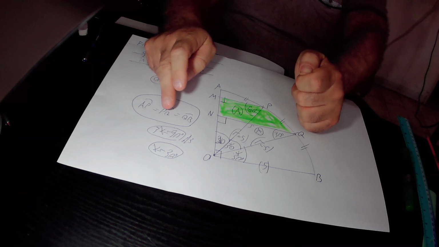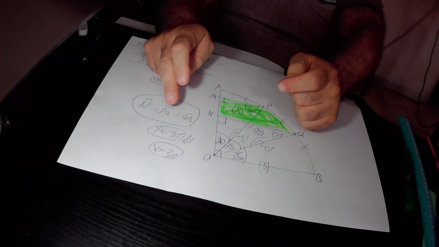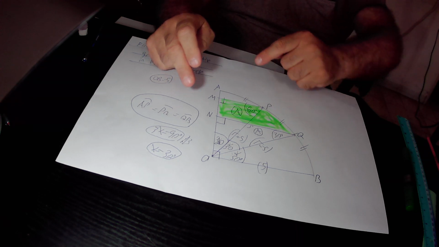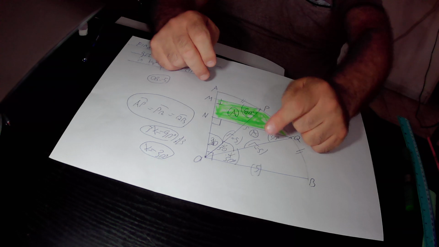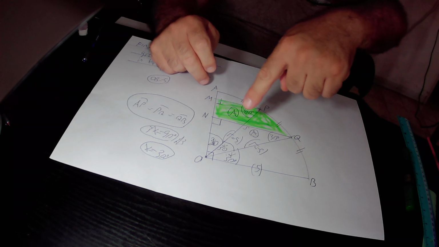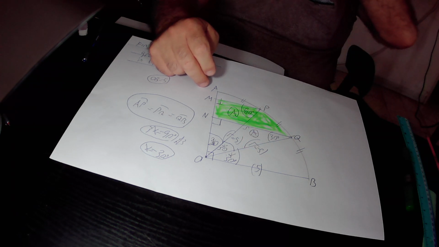Here we divide this equation by 3 and find that the size of one angle x is 90 degrees over 3, that is 30 degrees. So central angle AOP equals 30 degrees, central angle POQ equals 30 degrees, and central angle QOB is also 30 degrees according to rule 20.